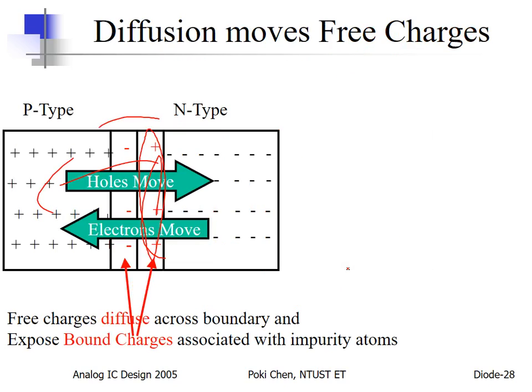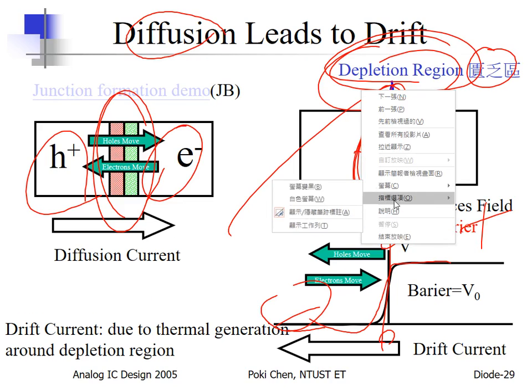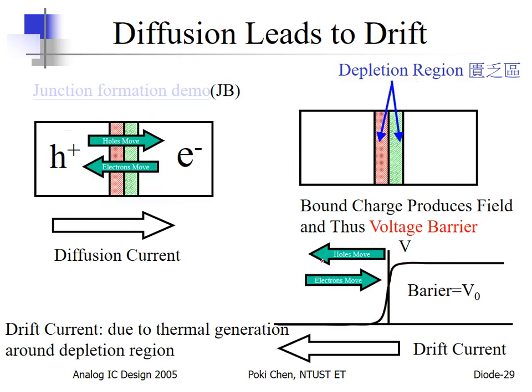If you would like to ask further, please pay attention to this. I'm only talking about thermal generation in the depletion region, but temperature is everywhere, right? So such generation happens not only here, but also here, and there.